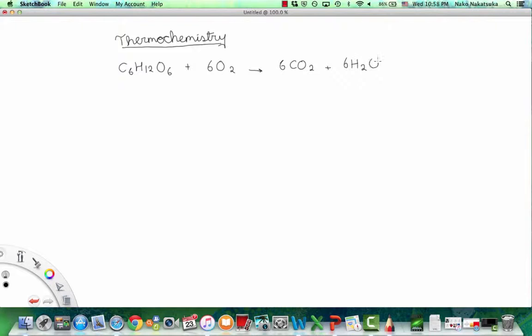This is a really typical example of an overall chemical change. And the heat given off in this chemical reaction gives us the ability to do work. So it gives off heat, and in turn, it lets us do work.